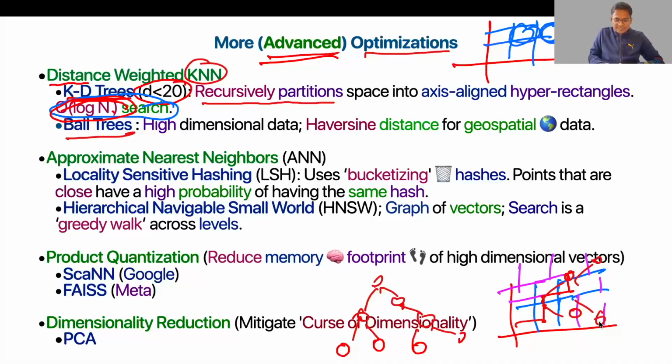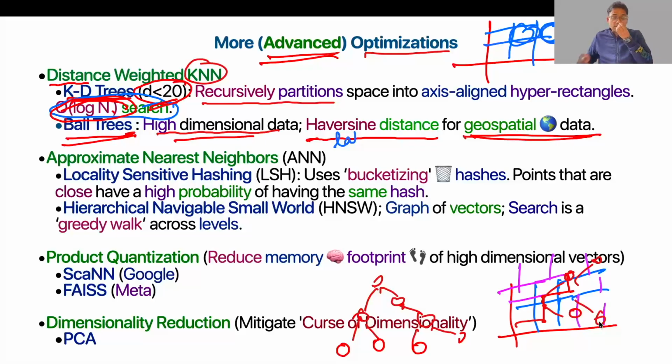Ball trees, this is another kind of tree. This is also used for very high dimensional data when d is greater than or equal to 20. And here we use, for example, Haversine distance for geospatial data. Haversine distance is nothing but the latitude and longitude. So when we use latitude and longitude, that is used for geospatial data, and using that we calculate the distance.